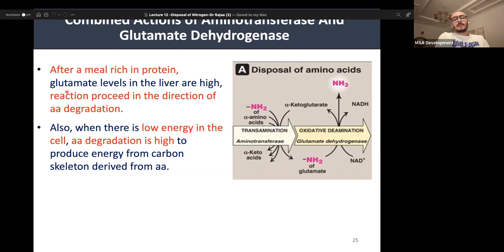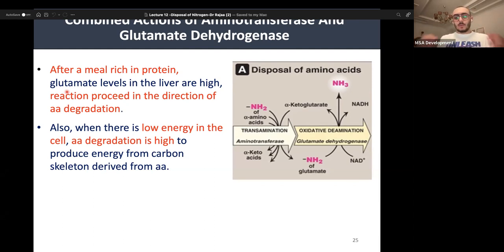Here is basically the figure that summarizes everything. This slide is telling you what happens when you eat a meal rich in protein. Your body will use whatever it needs from this protein, and the rest will be excreted because we can't store it.